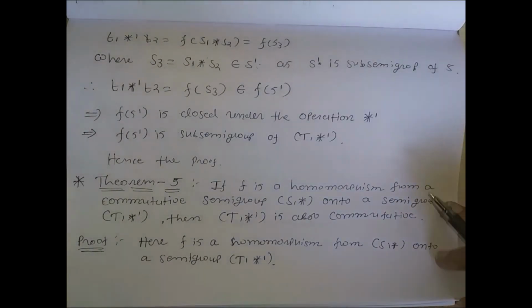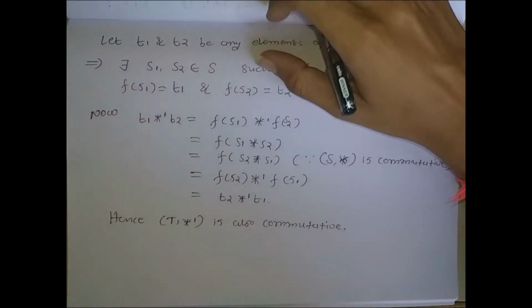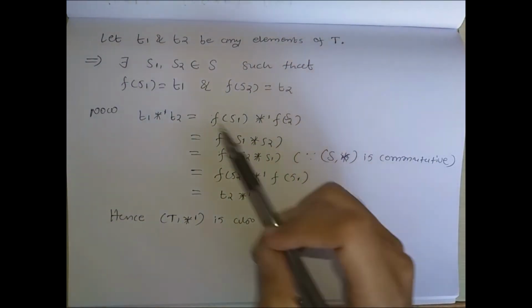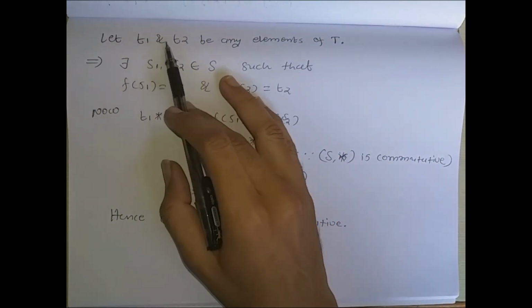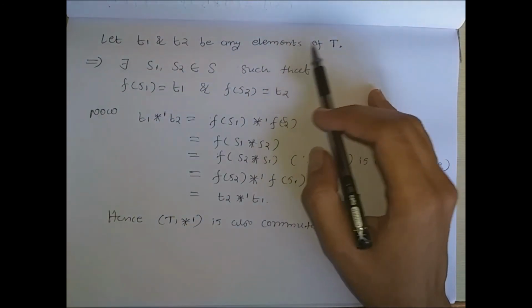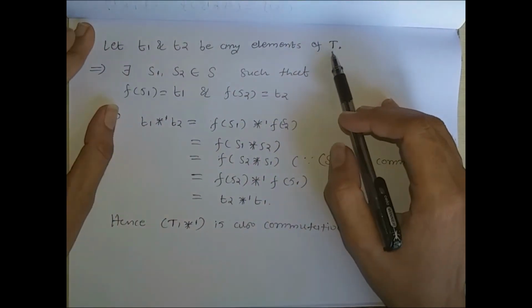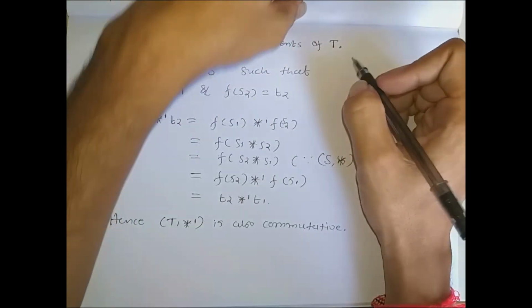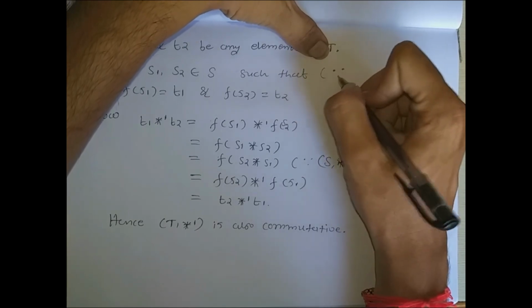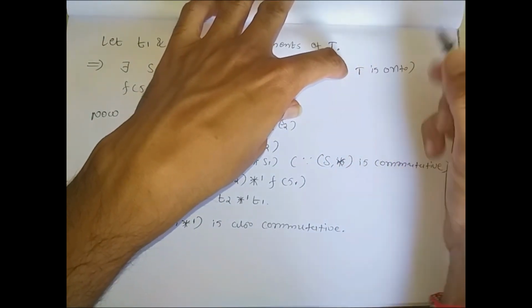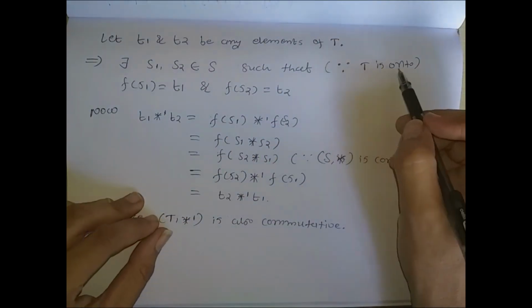So we consider two elements of T star dash. Let T1 and T2 be any elements of T. Now f is onto, and the reason is that f is onto.